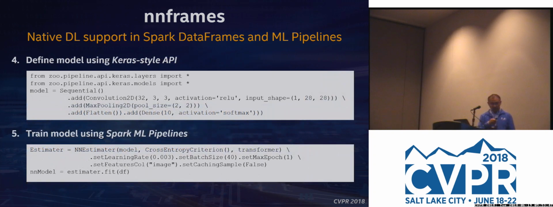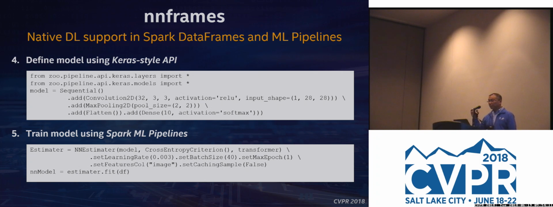Then you can define the model. It provides a Keras style API. Basically, you can define a very simple, say, convolution neural network model, and then use an estimator. Using the Spark ML pipeline, you can build an estimator and fit it on your input data.